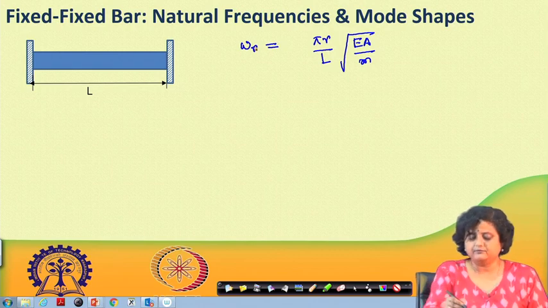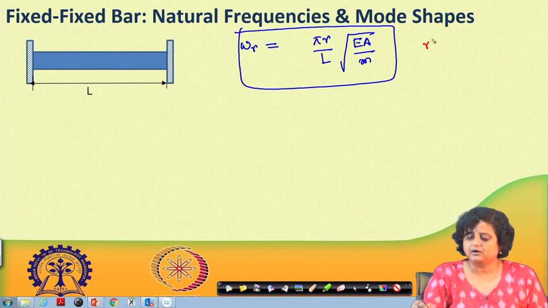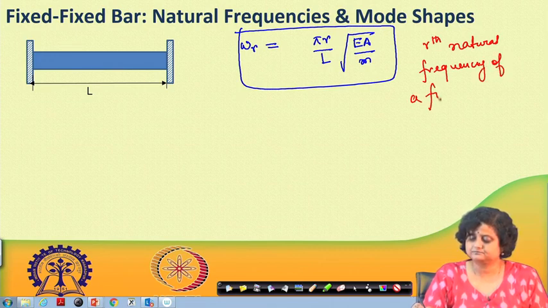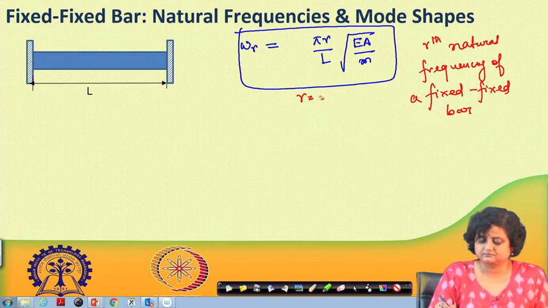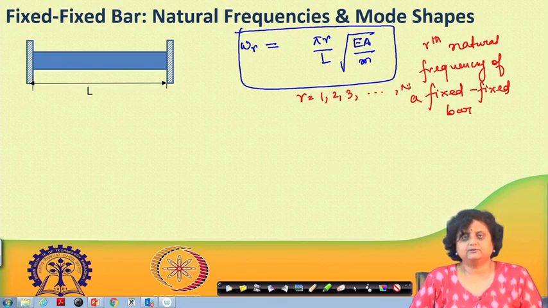So, this is therefore the rth natural frequency of the bar. Right. So, this is one part of the problem solved.